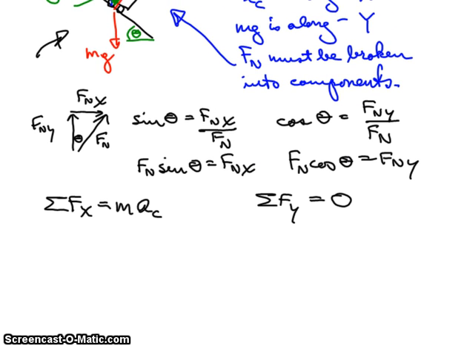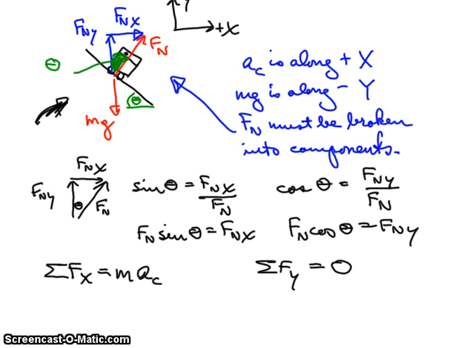And looking at our diagram here, let's go back up here, this diagram right up here. This was the direction of our centripetal acceleration here, and we see that the only force acting in that direction is the normal force in the x direction.